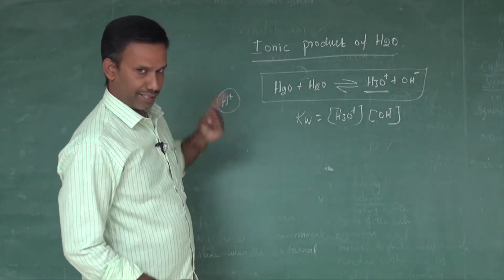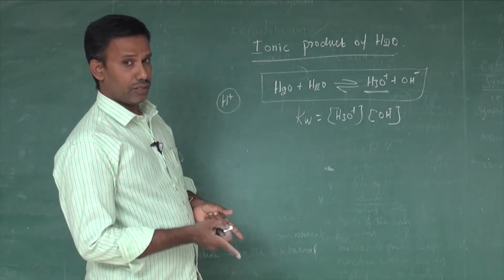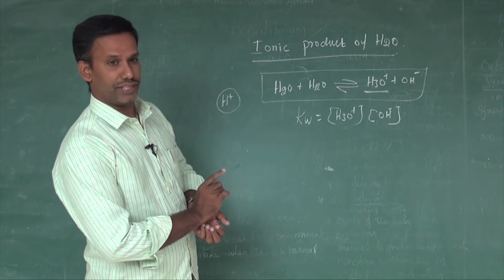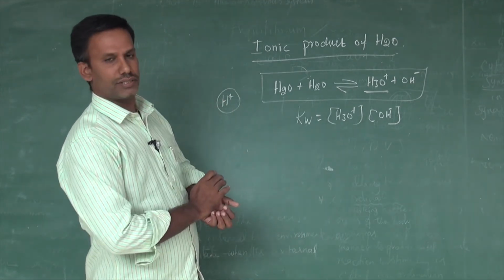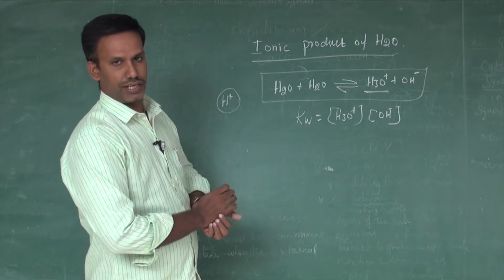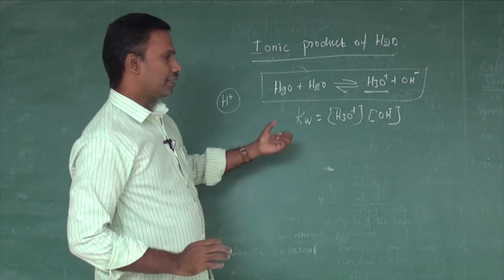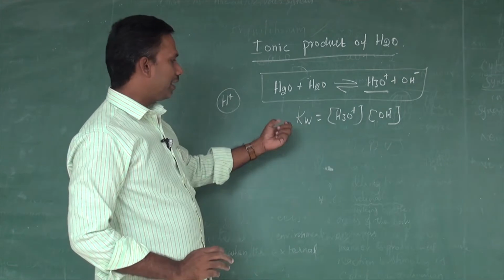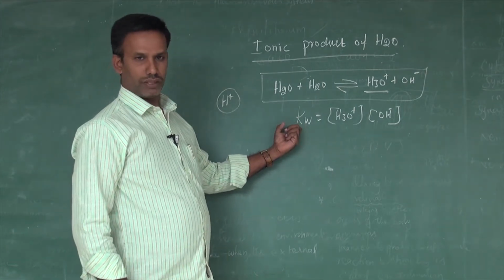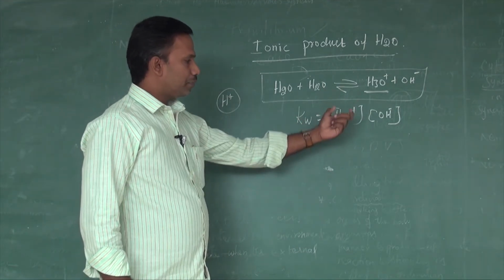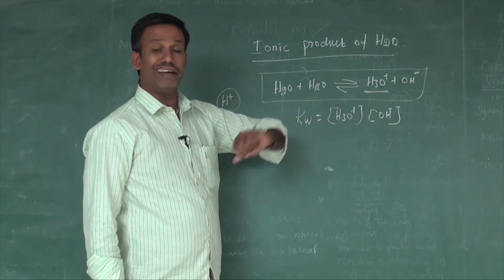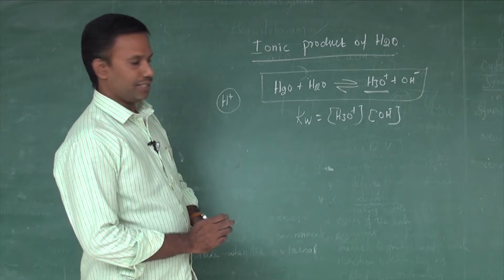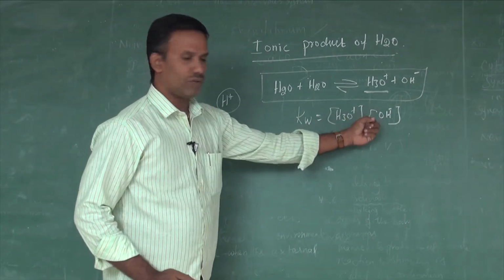That's why it is called ionization. Then why is it called auto-ionization or self-ionization? Water itself is undergoing the ionization, so it is called auto-ionization or self-ionization. The ionic product can be given by Kw. Kw is nothing but the product of the concentration of hydronium ion and the concentration of hydroxyl ion, OH minus. This is the ionic product of water.